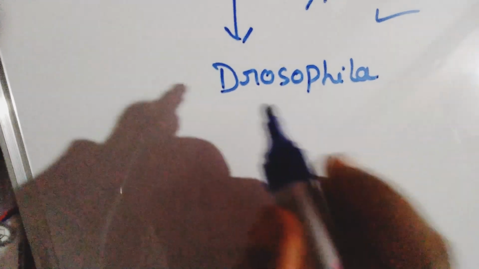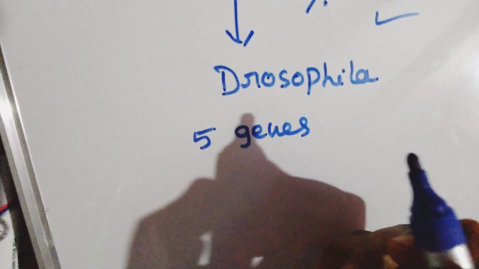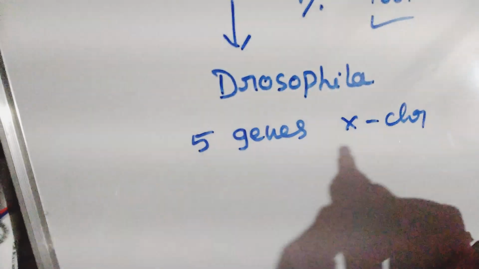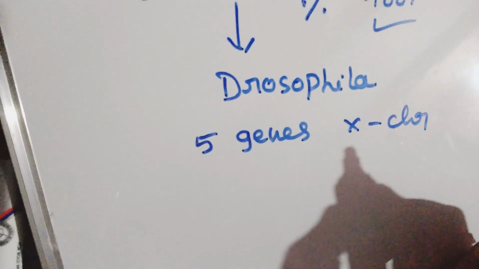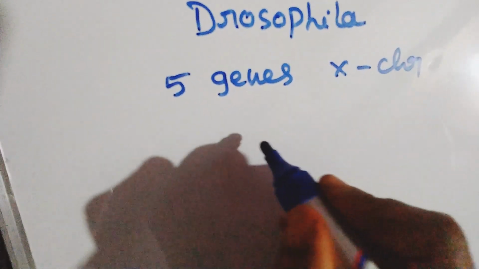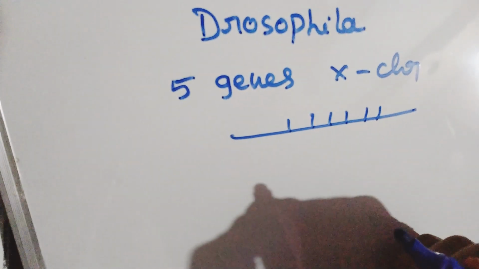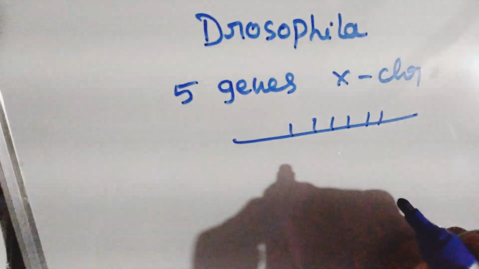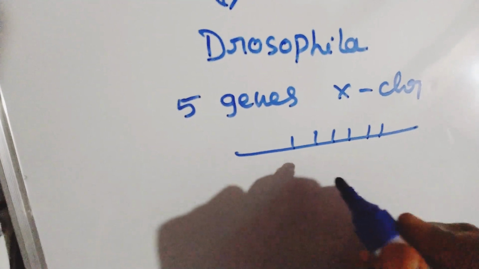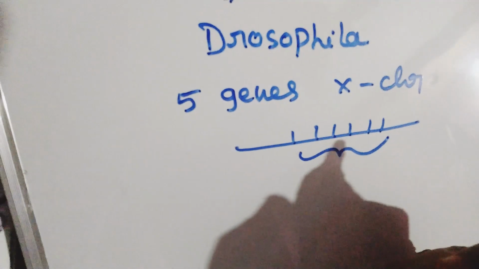He reported 5 genes present on the X chromosome of Drosophila and gave a graphical representation of those 5 genes. The genes are arranged in a linear manner.